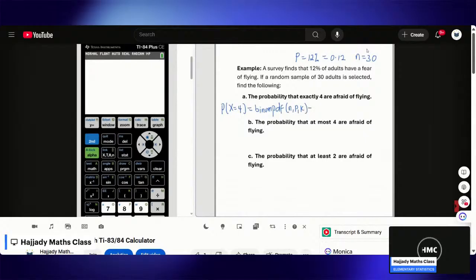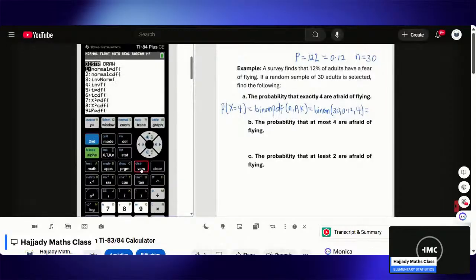So to use it, we have binompdf. In this case, n is 30, p is 0.12, and k is 4, which is the corresponding value of x. Now let's do that using the TI-84. Press the second button and distribution. After that, you come down to binompdf.